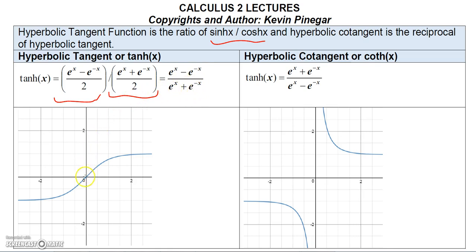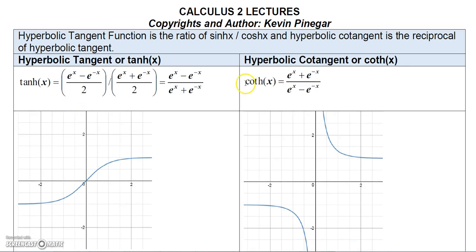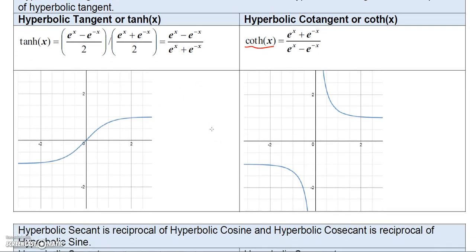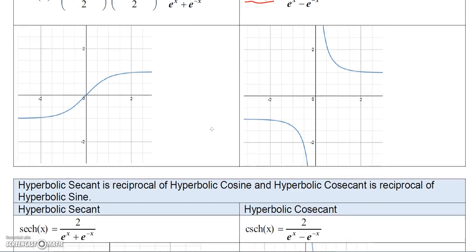And then here's what the graph of the hyperbolic tangent will look like. If you wanted the hyperbolic cotangent, you would just flip it over, because the hyperbolic cotangent is the reciprocal of the hyperbolic tangent. And that represents the hyperbolic cotangent.